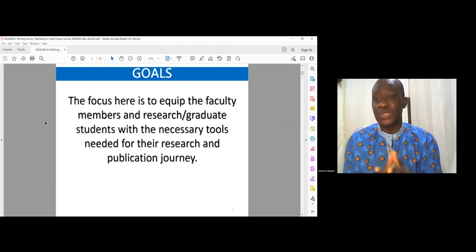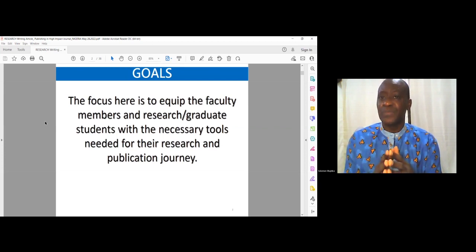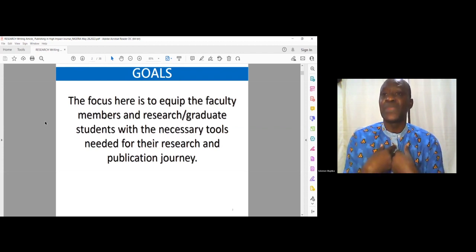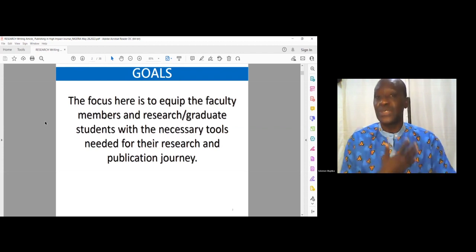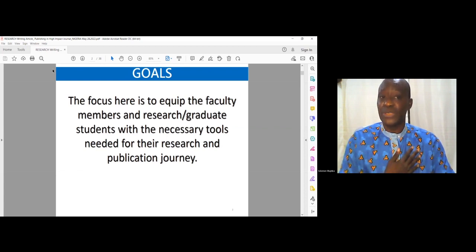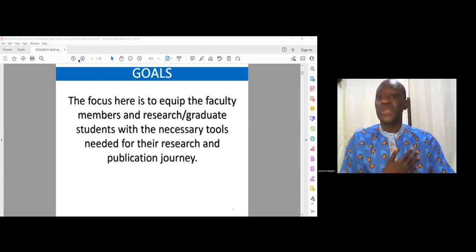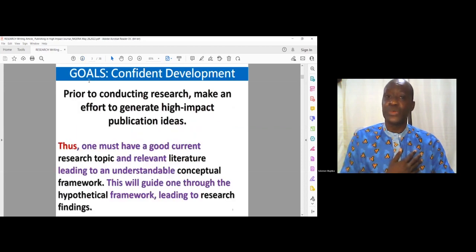That is the purpose here. Let us focus. To graduate is not a very difficult issue. One thing is we need to do our part before we can seek graduation on time and publication as well.